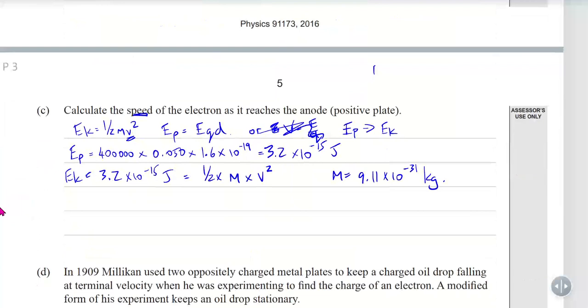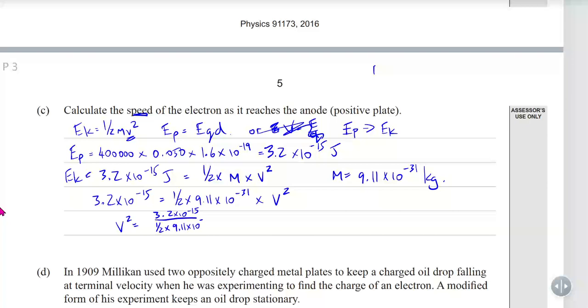So now we've got the information we need. 3.2 times 10 to the minus 15 equals a half times 9.11 times 10 to the minus 31 times V squared. V squared equals 3.2 times 10 to the minus 15 over a half times 9.11 times 10 to the minus 31.